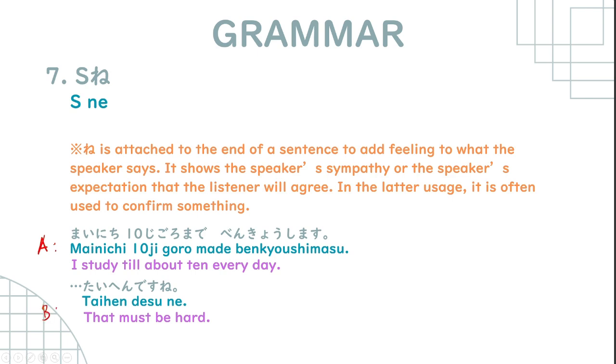And then B-san says, 大変ですね. So B is sympathizing with A in this case. It can apply when the speaker is showing sympathy or confirming something.